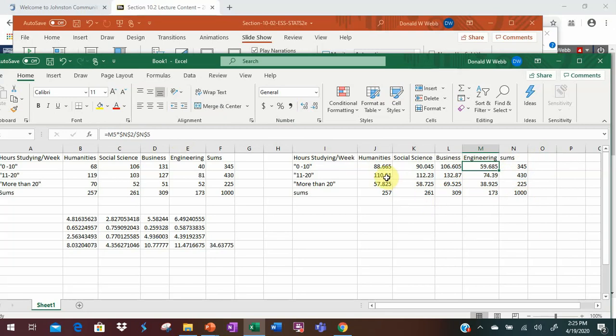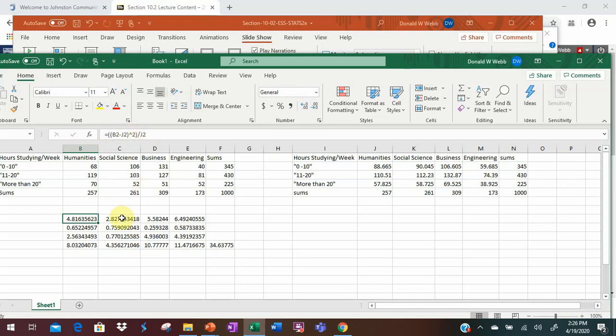I set these things up and just built a row at a time or a column at a time to give me these numbers. Now all of these are the expected values based on what we saw in those rows. And then I went down here. It is B2, the observed value minus my expected value squared divided by the expected value.